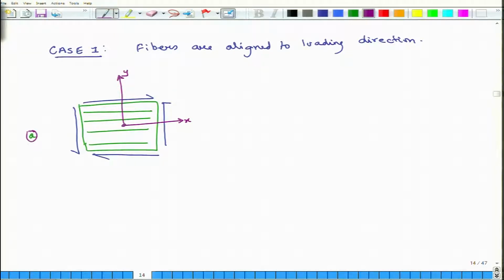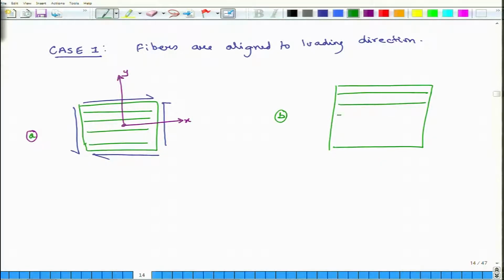So, this is case A, and then B, we apply a negative shear stress, fibers are still aligned to the loading direction. So, this is my x axis, this is the y axis, but here I am applying negative shear stress.